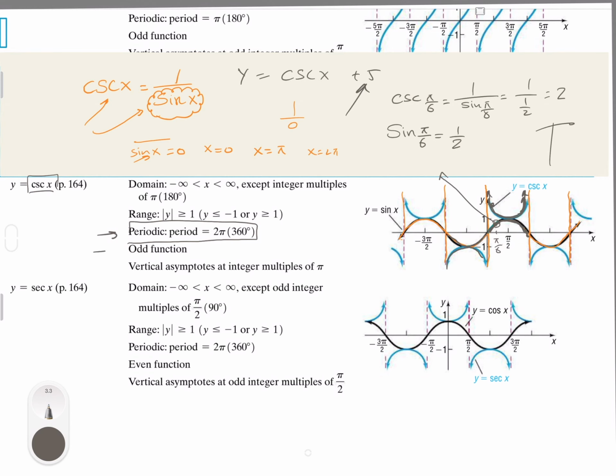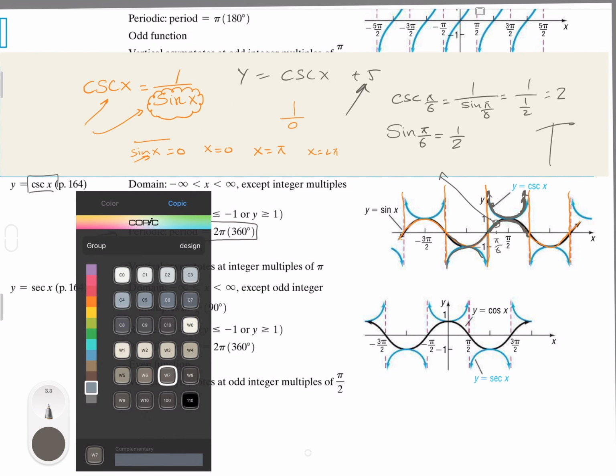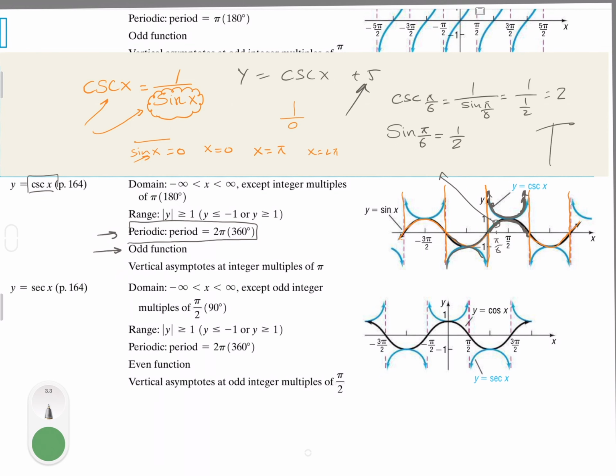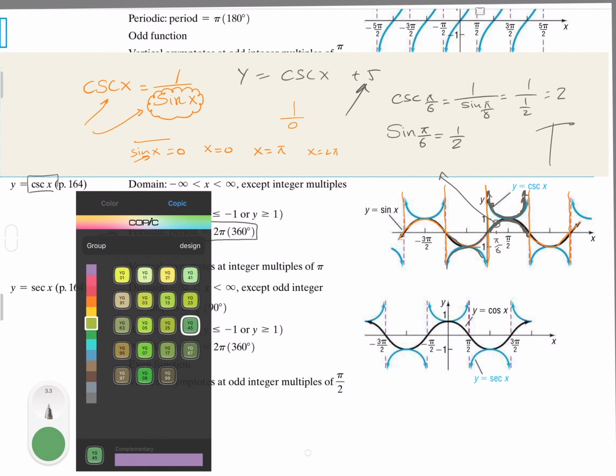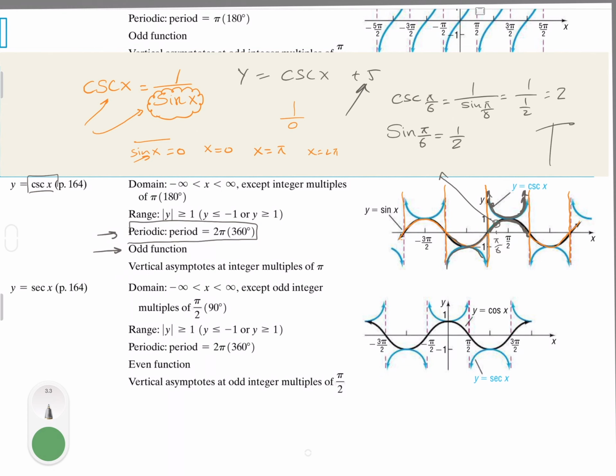It is an odd function, and for the range, if you look at the graph, it starts from 1 and goes up to positive infinity.